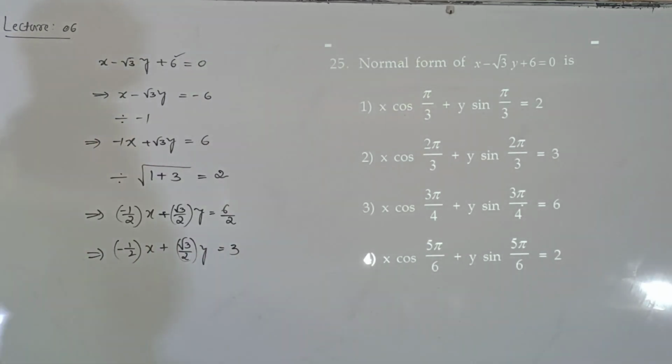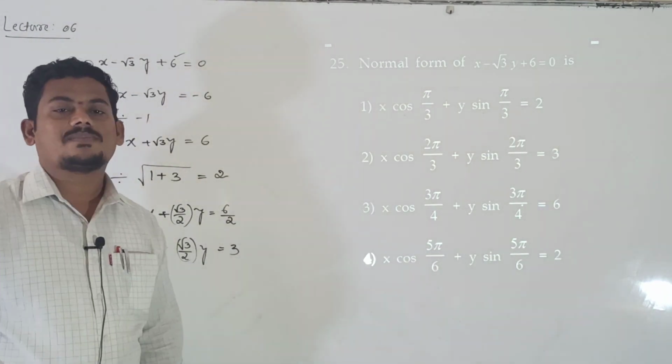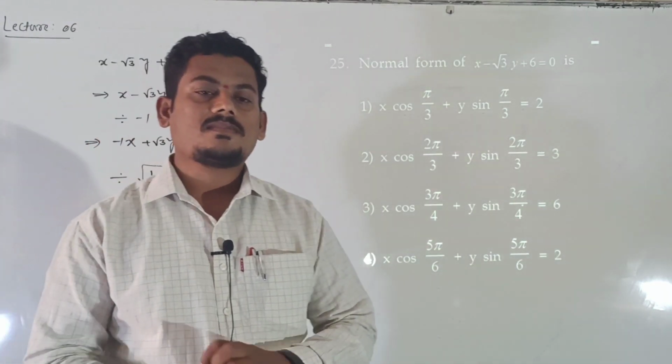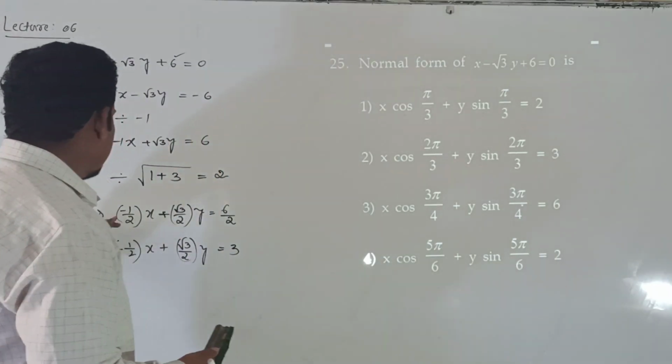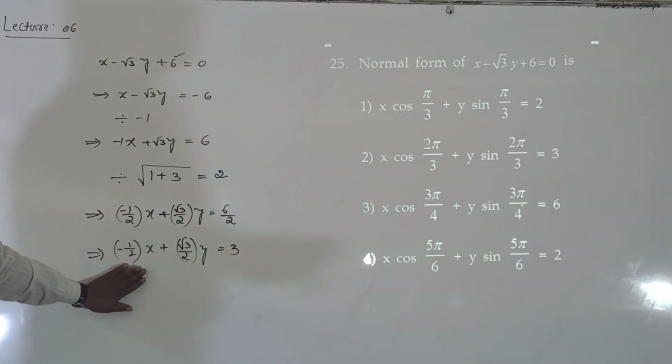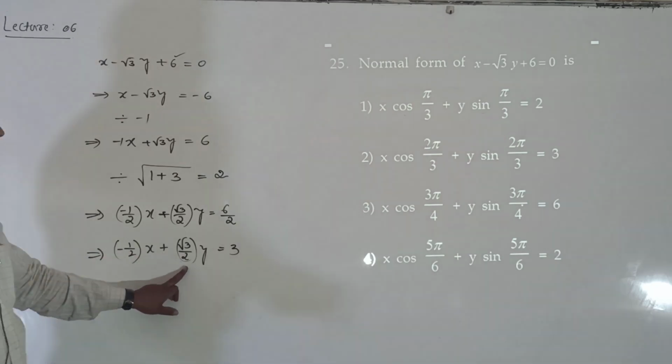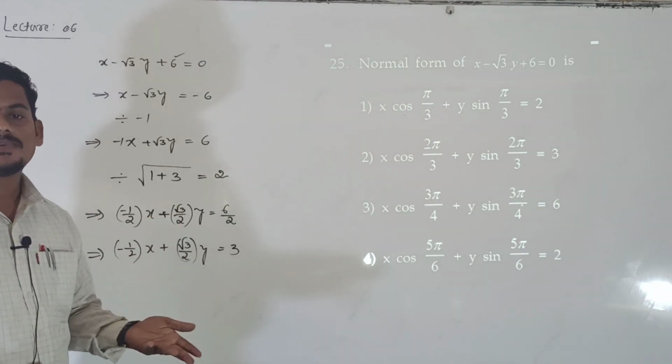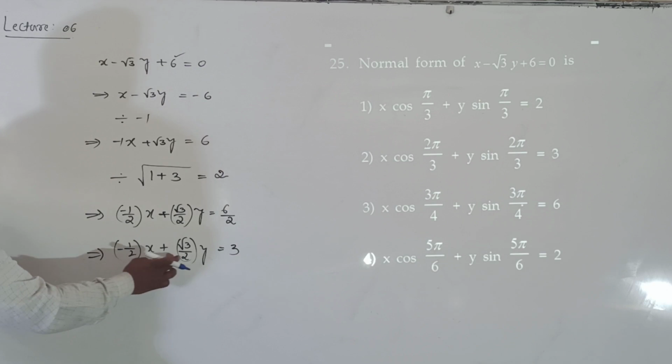Replace minus 1 by 2 in terms of some cos angle, and replace root 3 by 2 in terms of some sin angle, and both the angles should be equal.